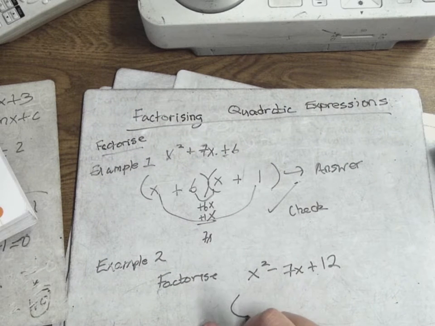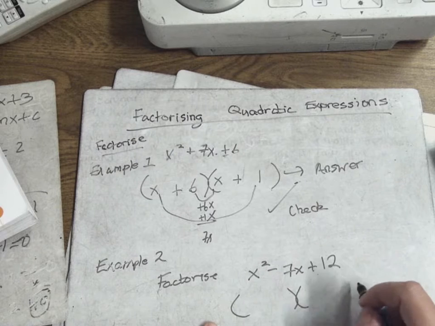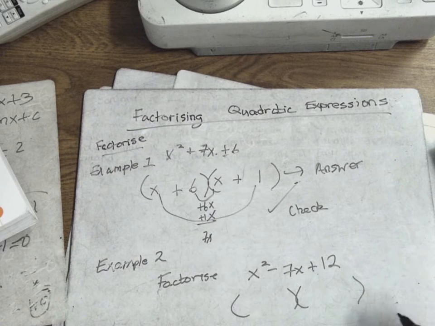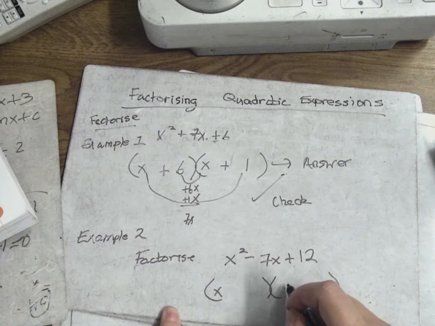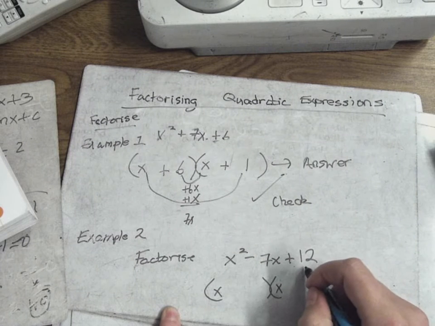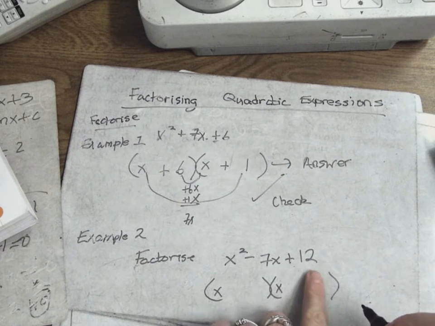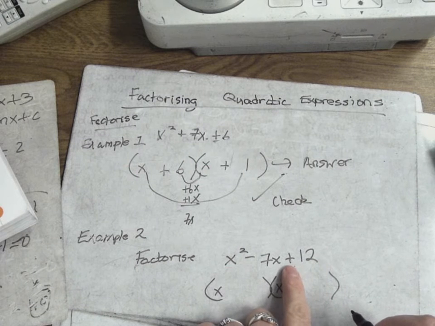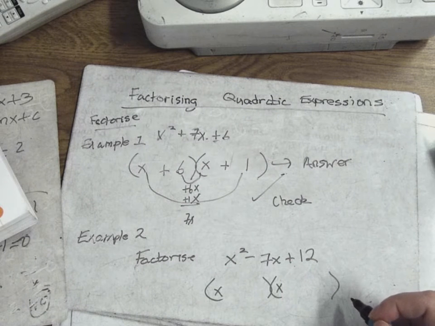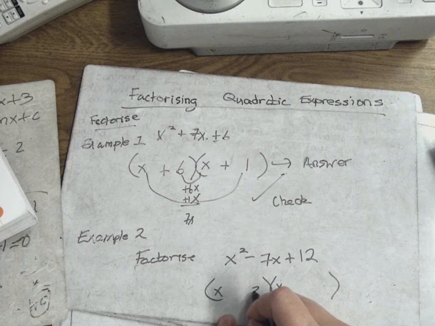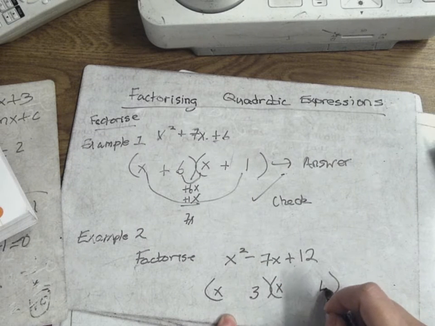Two sets of brackets. What are the factors of x squared? X and x. Now I want the factors of 12 that add to give me 7. What factors of 12 add to give me 7? 3 and 4, so 3 here and a 4 here.